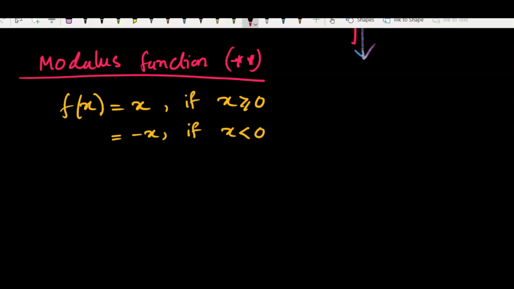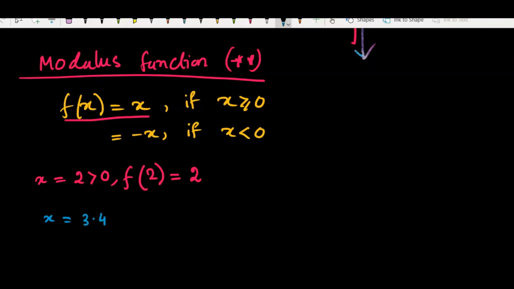Suppose we take x equal to 2. Then what is f(x)? From the definition, f(x) is equal to x, so f(2) is equal to 2, because 2 is greater than 0. Let's take another example. Suppose x is equal to 3.4. Is 3.4 greater than 0 or not?